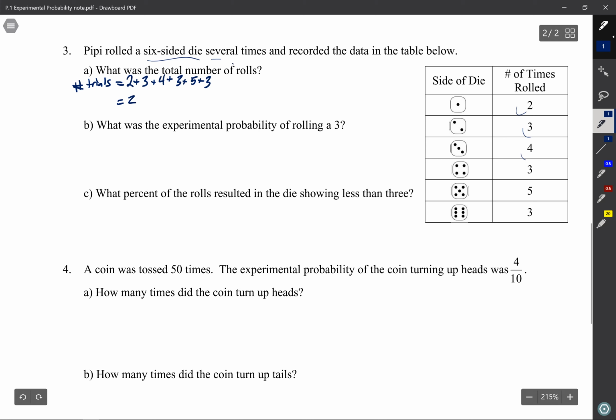If I plug that into my calculator, then I find it equals 20. Perfect. I can use that number to calculate my experimental probability.